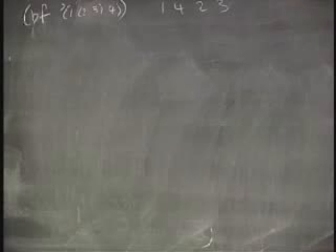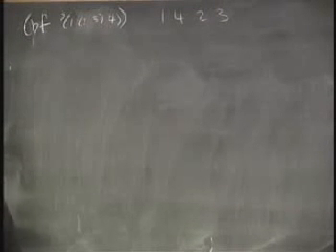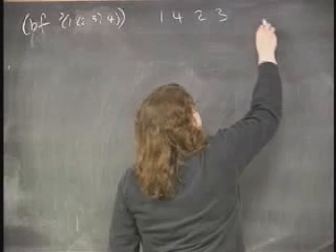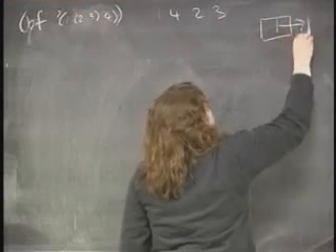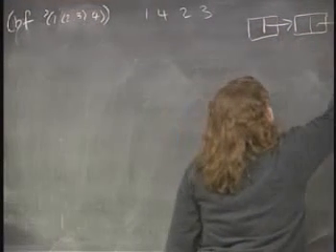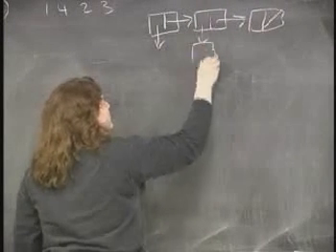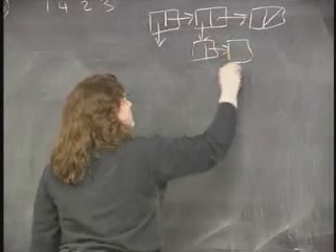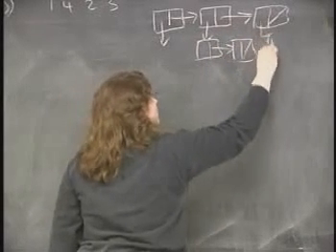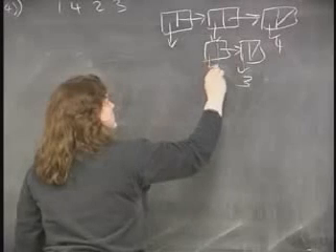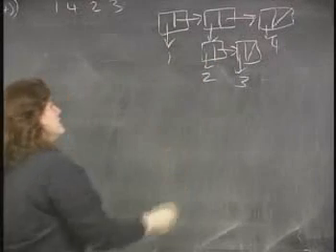Is the tree null? No. Is the tree not a pair? Is the car of the tree a pair? Would this help if I drew out the list? Let's draw out the list. There's our list.